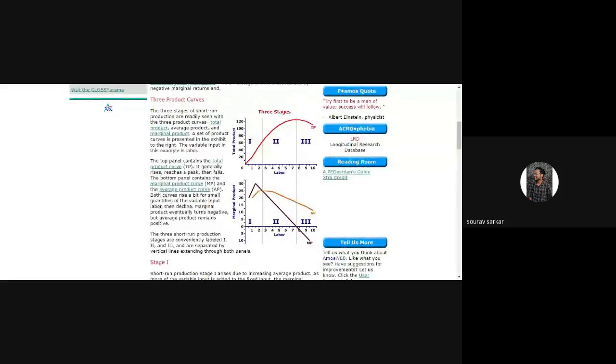What do you mean by total product? Ma'am, total product is the total volume produced by a firm with given inputs in a given period of time. Okay, very good.